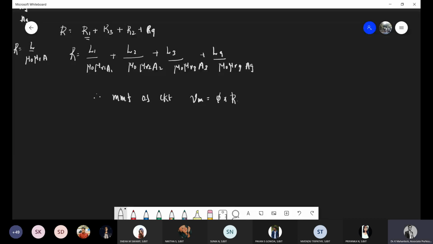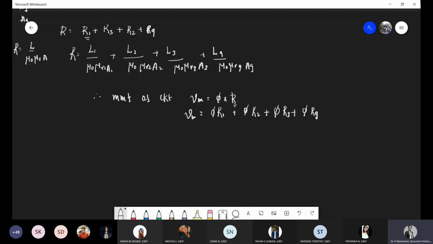Therefore, I'll just multiply this reluctance value with the flux value. So I'll get flux into R1 plus flux into R2, because that flux which is generated is constant inside the magnetic circuit, plus flux into Rg. So this is now the magnetomotive force.